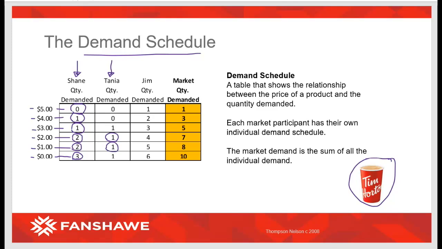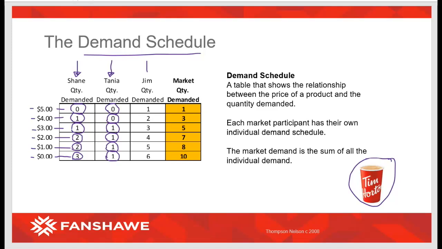She'd still take one. And even if they gave it away for free, she would still just take one. If they raised the price a little bit, she would probably be okay with that and still buy her one coffee. But if it went any higher than $3, she would just say, no, I'm just going to do something else. I'm not buying the Tim Hortons coffee anymore. So at that point and upwards, her quantity demanded is 0.